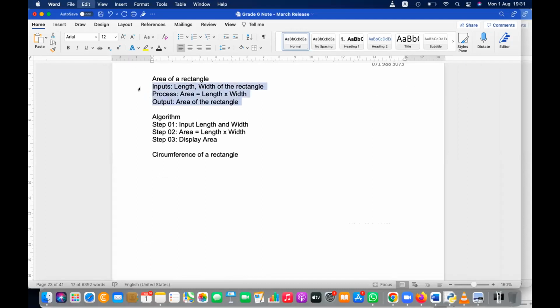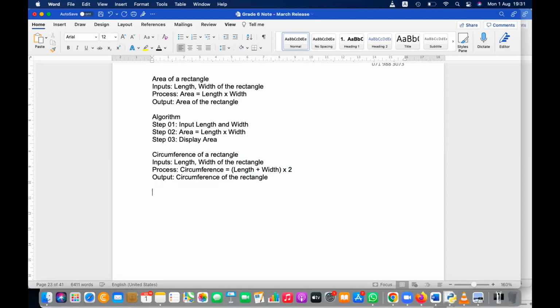Get the length of the rectangle, get the width of the rectangle. Process: circumference equals length plus width multiplied by 2. The output is circumference. Similarly, you can write the algorithm. If you can remember, no need to write it down, but if you cannot remember, I recommend you write it down.